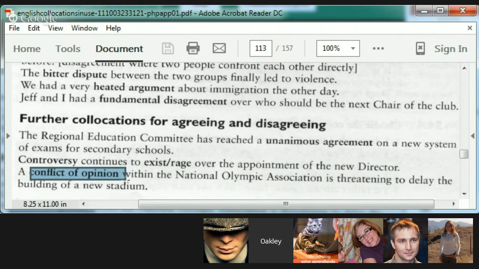Sure. But usually it's very formal. So this is one that you wouldn't really hear in normal day-to-day conversation, maybe in like newspaper writing, journalism, maybe. It's not a very normal spoken collocation, I would not say.